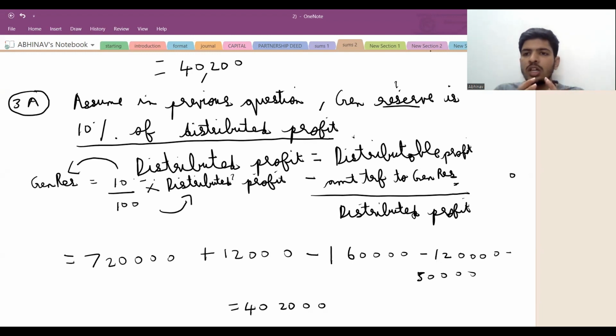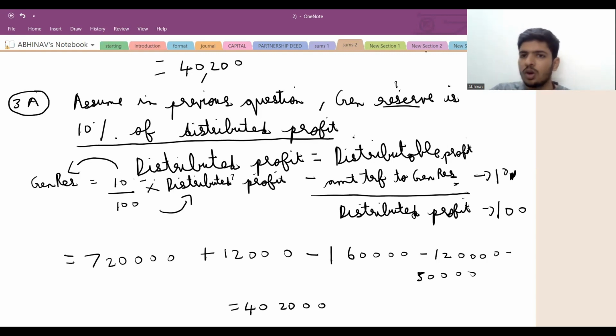What I'm doing is using the unitary method and assuming distributed profit is 100 rupees now. If distributed profit is 100 rupees, then 10% is general reserve, right? So what is 10% of distributed profit? 10 rupees. So write this down. If distributed profit is 100, then general reserve is rupees 10.